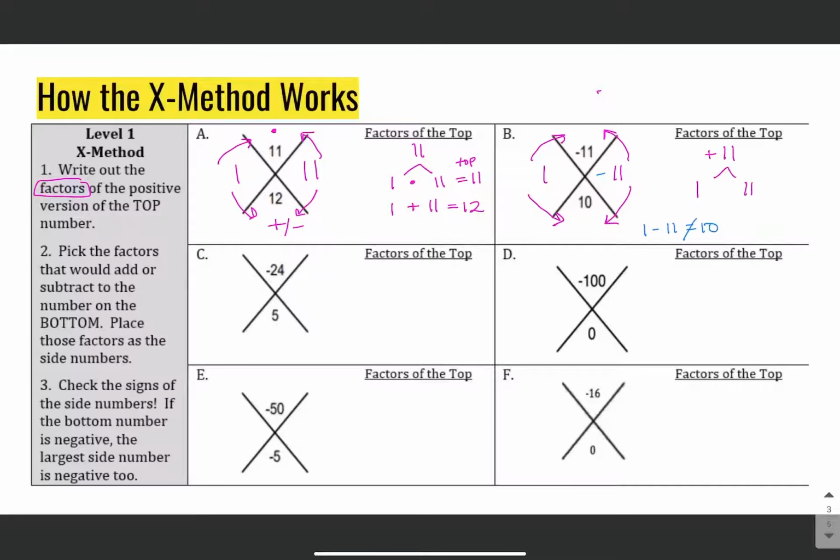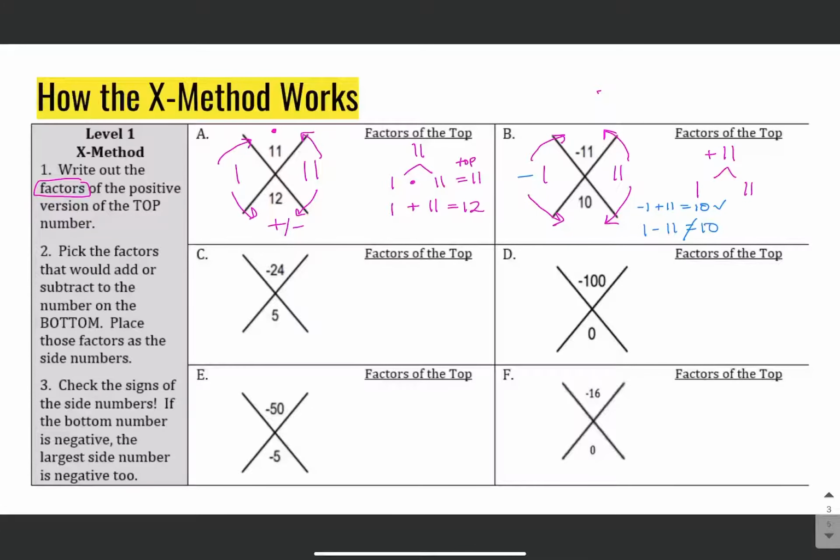No, that would not work because that would be a negative 10. So it can't be negative in front of the 11. That means your only other option is to make 1 a negative. And that does make sense, because if I do negative 1 plus 11, that's going to equal 10. And again, I need it to combine to the bottom. So I know my side numbers are negative 1 and 11.